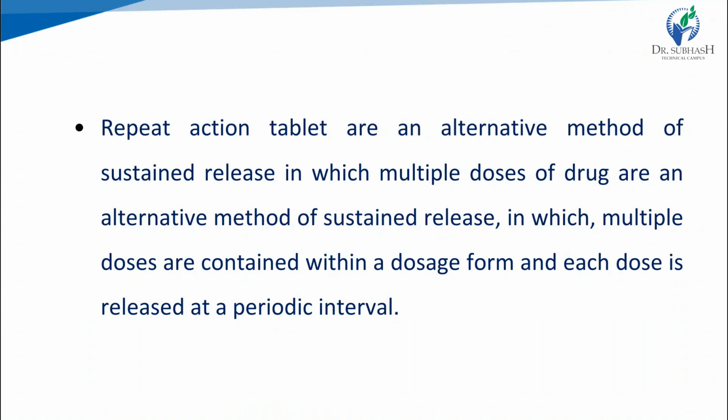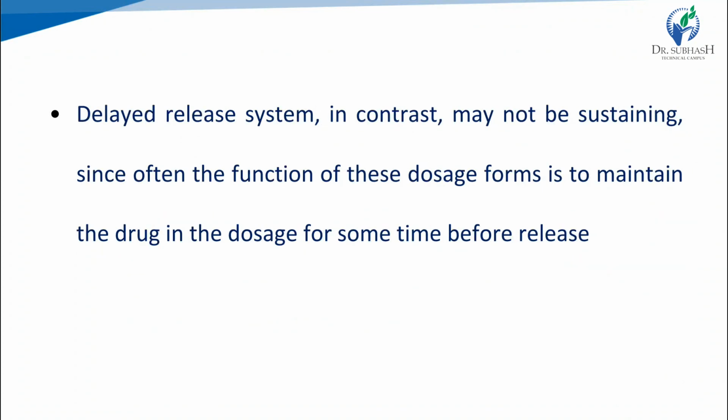Other terminologies are there. Repeat action tablets are an alternative method of sustained release in which multiple doses are contained within the dosage form and each dose is released at a specific period, so that is the repeat action terminology.